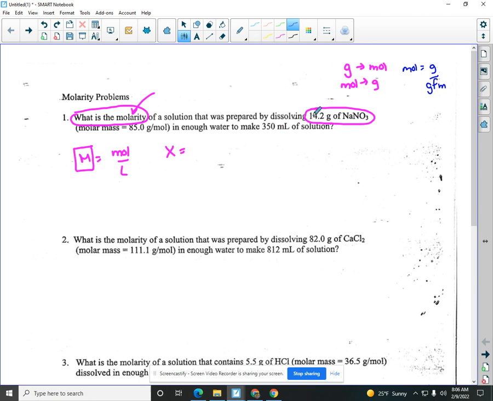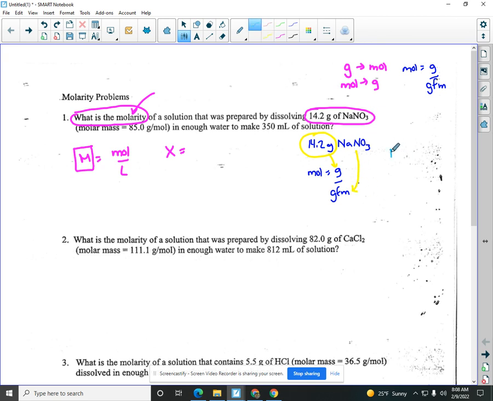So we're going to take these 14.2 grams of NaNO3 and change it to moles. First we need to calculate the gram formula mass, because moles equals grams over gram formula mass. We have grams, I'll circle it in yellow. That's going to go here. The gram formula mass is going to come from the formula.